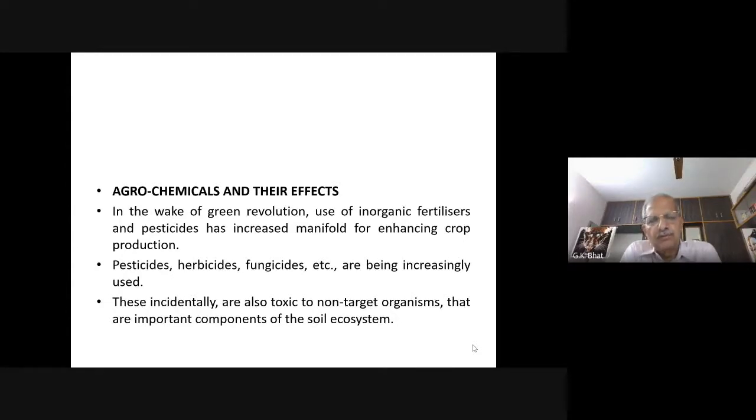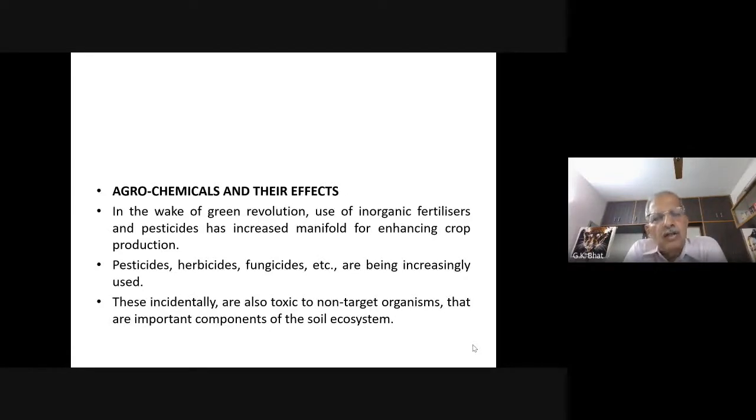During Green Revolution, or as a result of Green Revolution, farmers turned to extensively use this inorganic fertilizer, and they learned that by using inorganic fertilizer more and more, they could get a better yield when compared to that of organic fertilizers.